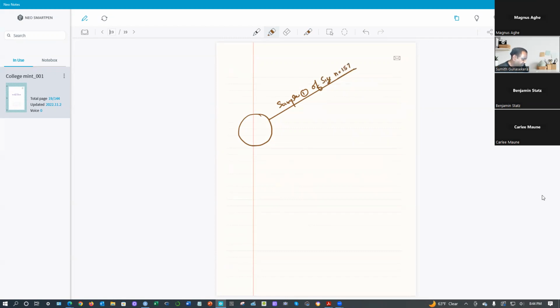How do you get that? You go to resample. That's the R code. In R, how do you get that? Resample. You go to the fingers, you go to thumb, and say 157. That's the R code.